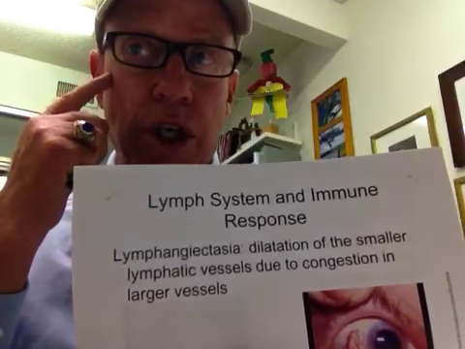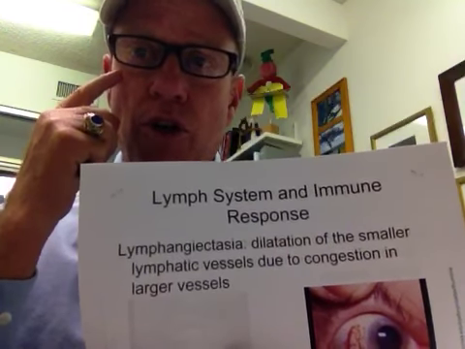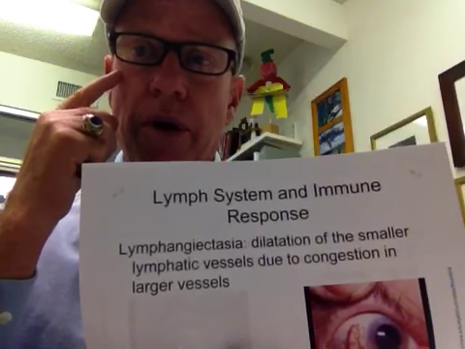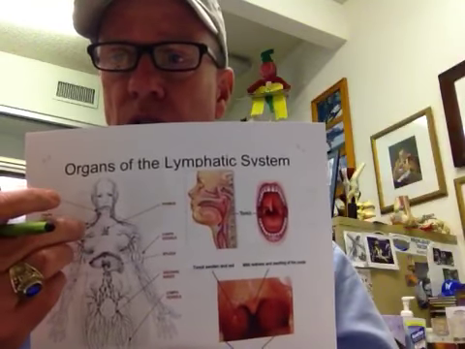As a matter of fact, I'm not going to be specific to the eye. It's not just the eye. It can be on your skin, called spider hemangiomas, or lymphangiectasia of the skin.